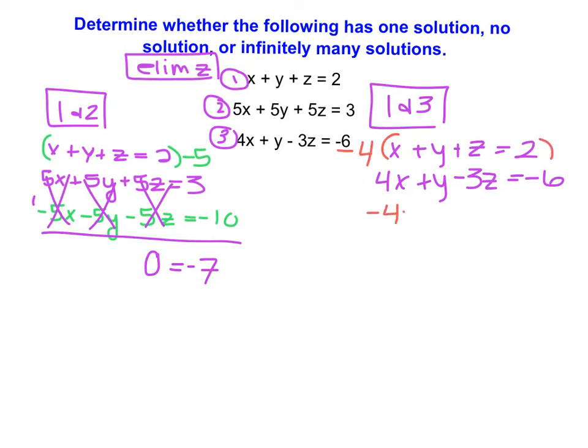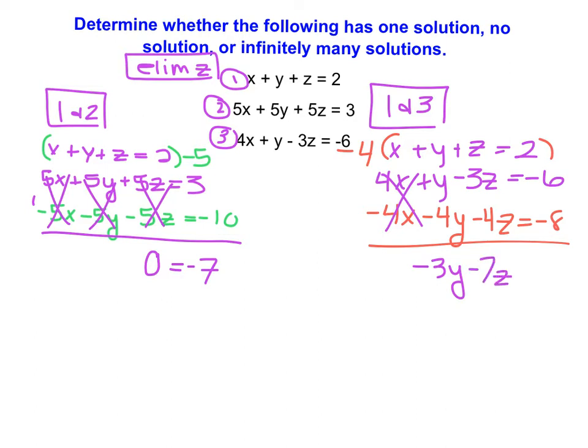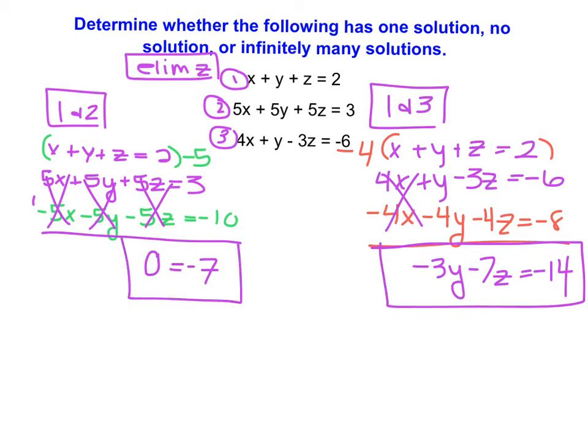So I have negative 4x minus 4y minus 4z is equal to negative 8. If I add straight down, I eliminate my x's, my y's become negative 3y, and I end up with negative 7z equals negative 14. So what I notice here is I have one equation that contains two variables, and one equation that completely disappeared and is just left with this weird statement of 0 equals negative 7.